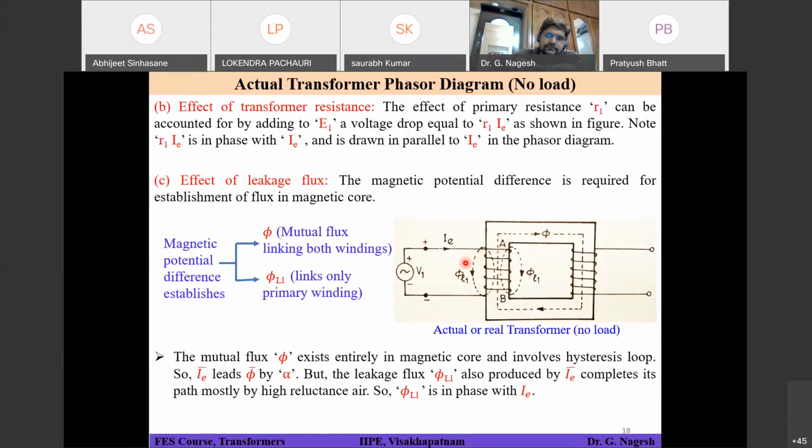You're understanding, na? Yes, sir. In an electrical circuit, just as resistance offers opposition to the flow of current, air will offer very high reluctance to the flow of flux.